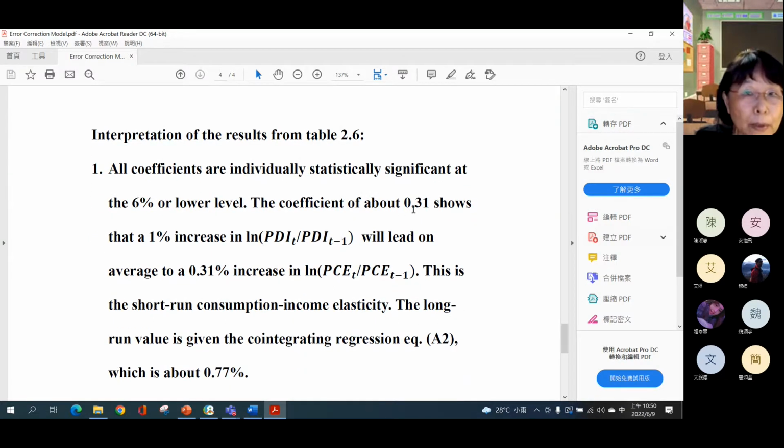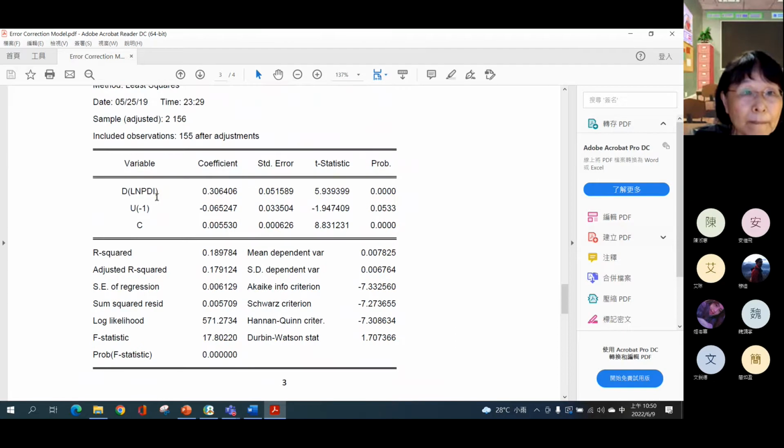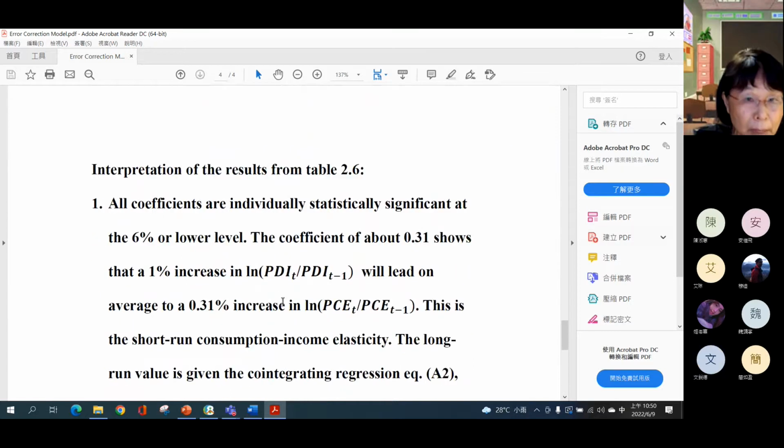And the coefficient of about 0.31 shows that a 1% increase in log PDI. What do we mean by the difference of the LMPDI? The difference of LMPDI means this, right? This is the LN of PDIT over PDIT minus 1. If we take the log, this is equal to log PDIT minus log PDIT minus 1.